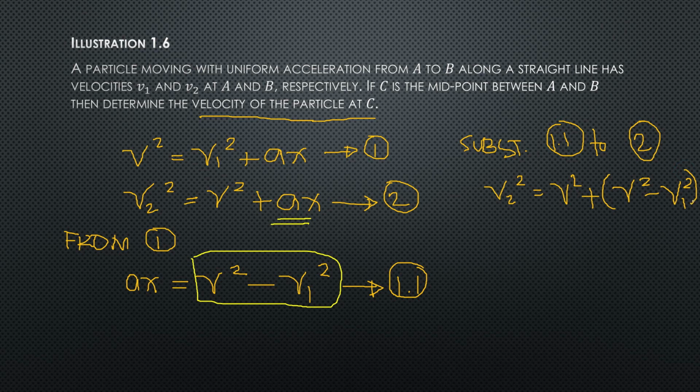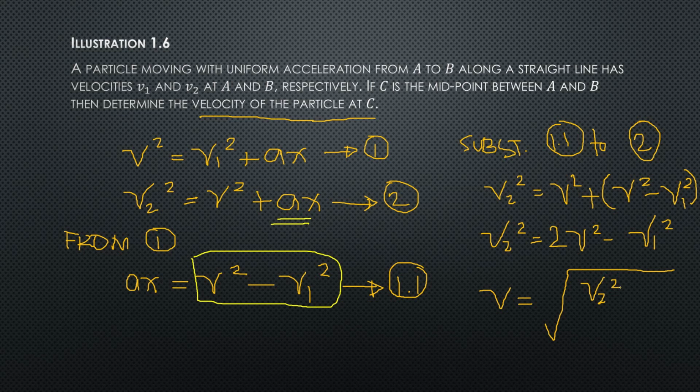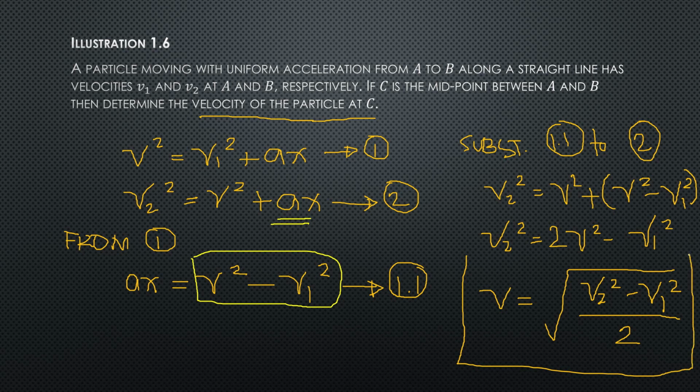Okay, simplifying, this will give us v2 squared equals 2v squared minus v1 squared. So solving for v, this will give you v equal to the square root of v2 squared minus v1 squared all over 2. So this will be the velocity at point C.